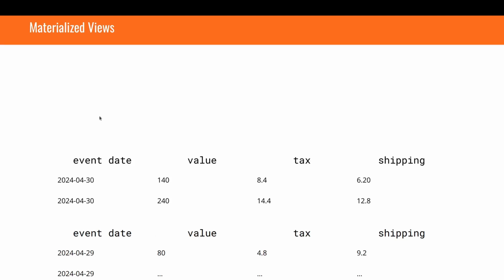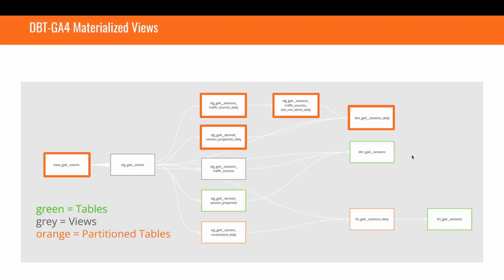Now, on the 1st of May, if you query again, then it just adds another partition. And since the 30th and the 29th are complete, it doesn't rebuild those. So what materialized views are really used for is real-time data. If you need real-time data, then you use a materialized view.